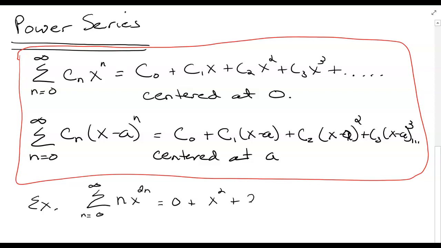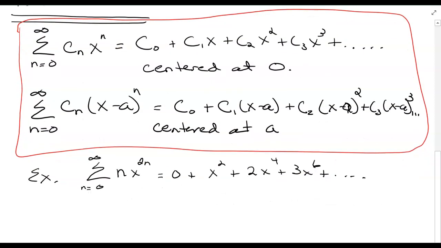When n is 2, I get 2x to the 4th, 3x to the 6th, dot, dot, dot. And there are different ones that you can look at. Let's do, what if it were a factorial, right? n equaling 0 to infinity, n factorial, x to the n.